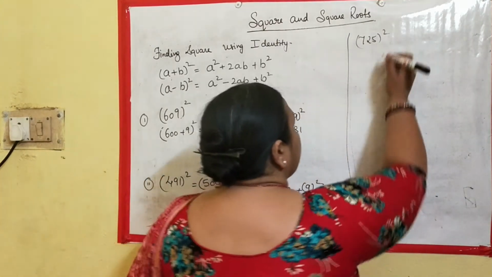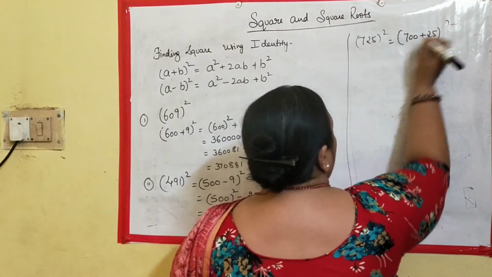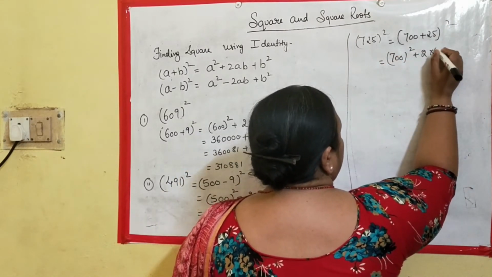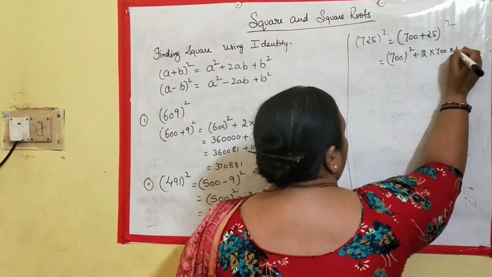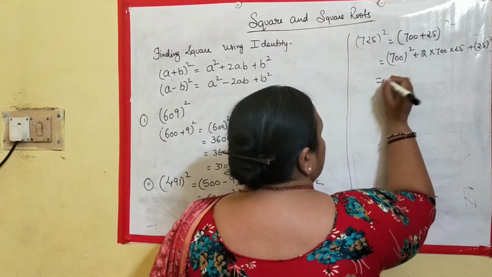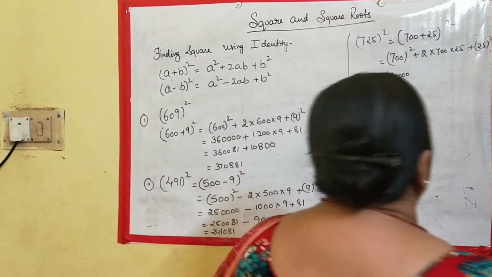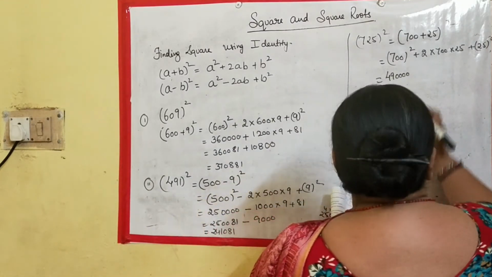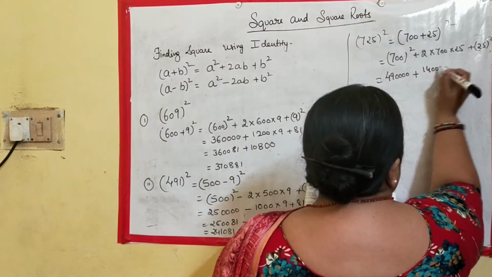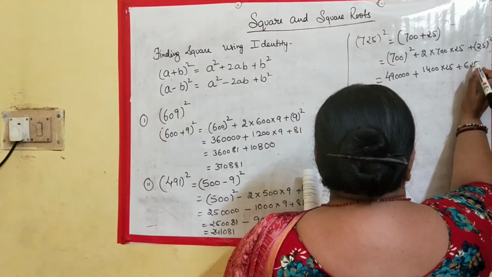So we will be mentioning it as 700 plus 25 whole square, which is 700 square plus 2 into 700 into 25 plus 25 whole square. So 700 square is 490000. Clear? Plus this is 1400 into 25 plus 625.